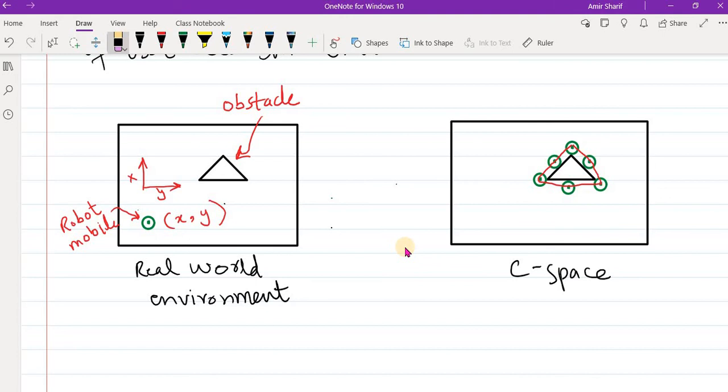So you see that your obstacle in C space is bigger than the obstacle in your original environment. So we shall do motion planning or path planning with respect to this new obstacle. Let's say here is the start position of the robot and here is the goal location. Now your robot moves something like this, avoiding the obstacles.